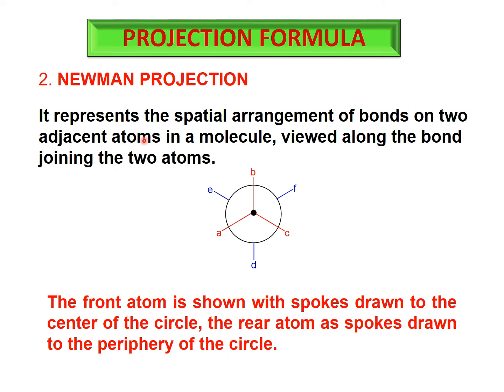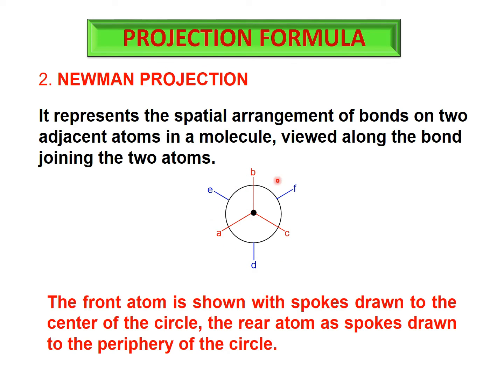And this circle means another carbon that is attached to this carbon atom through a single bond, and you are looking at this molecule along the bond that joins this dot and the circle. The front atom, which is the dot here, and the rear carbon atom at the back, drawn with a circle, have different groups attached.